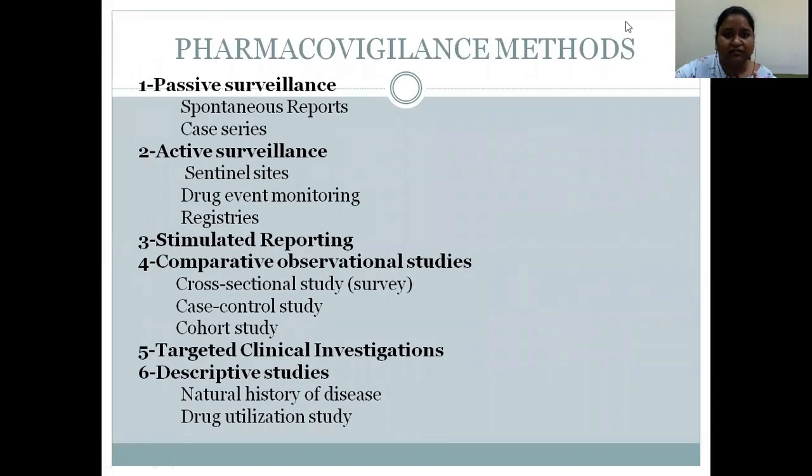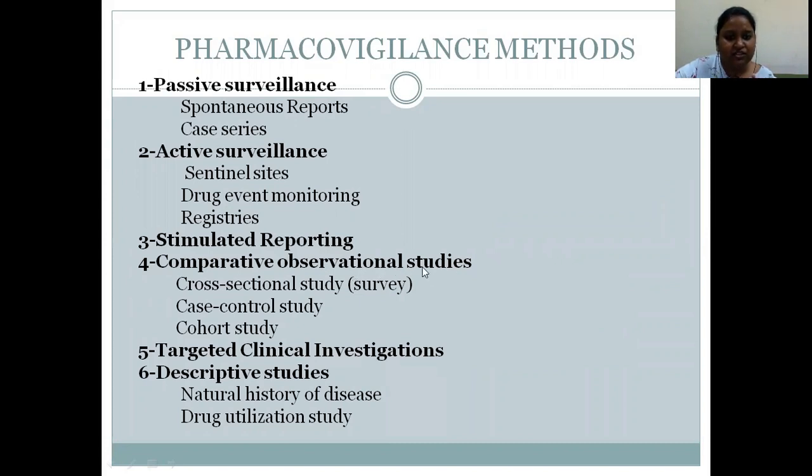Let's talk about the different types of methods. Here I have listed around 6 types of methods. First is passive surveillance, second is active surveillance. Third is stimulated reporting. Fourth is comparative observational studies.